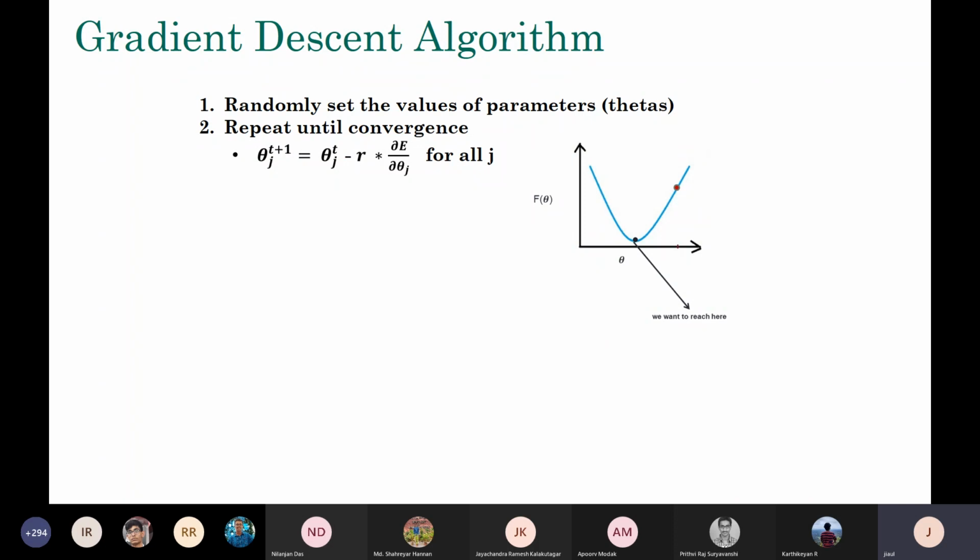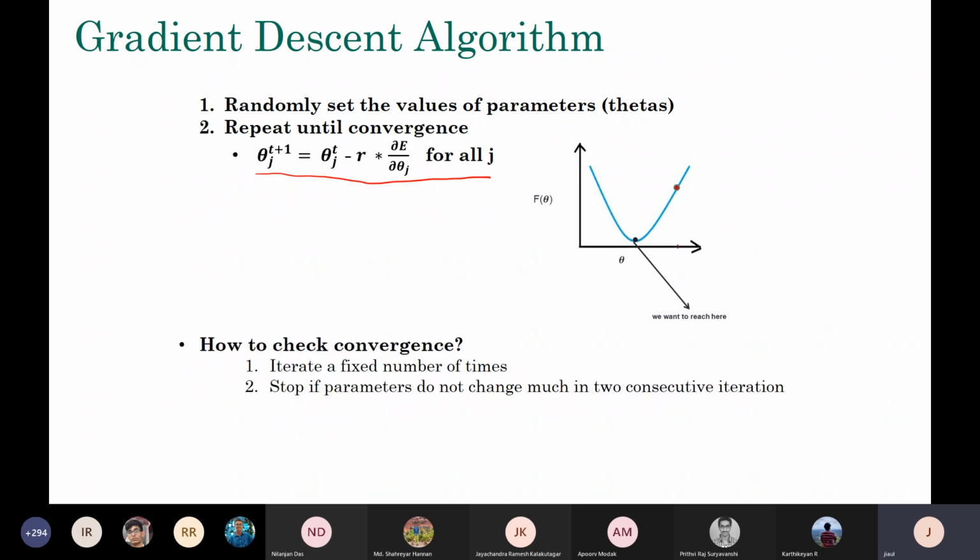If you have, say, 10 thetas, then there are actually 10 equations you'll have to apply. I've just written this down in a compact way.